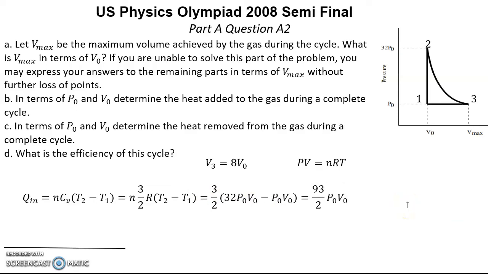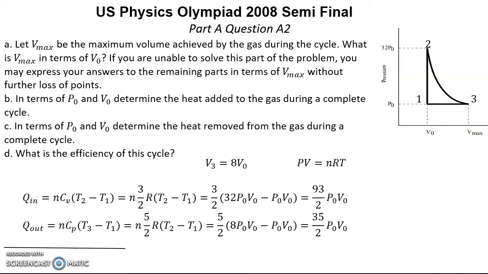With the same logic, we can find the total heat out during the process from 3 to 1. We multiply the number of moles by the heat capacity at constant pressure, which is 5/2 R, and by the temperature difference, T3 minus T1.